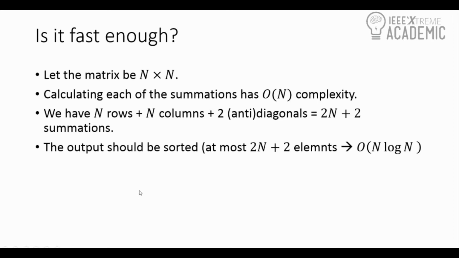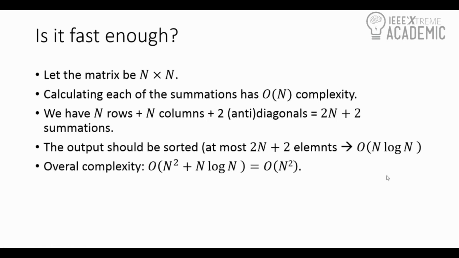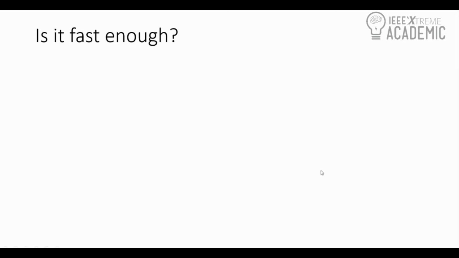The output should be sorted, so if it is not generated in sorted fashion, we have to sort at most 2n plus 2 elements, or 2n plus 1 if you don't count the main diagonal, which ends up being O(n log n). A good sorting algorithm is O(n log n).